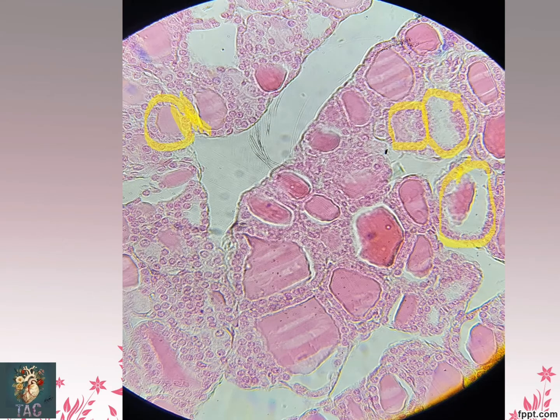This is one follicle, and this is another follicle. Here two follicles are present so close to each other that they give a false appearance of being stratified. This is not actually stratified. This is simple cuboidal epithelium. So please notice and remember, this is simple cuboidal epithelium. This is the slide of the thyroid follicles.